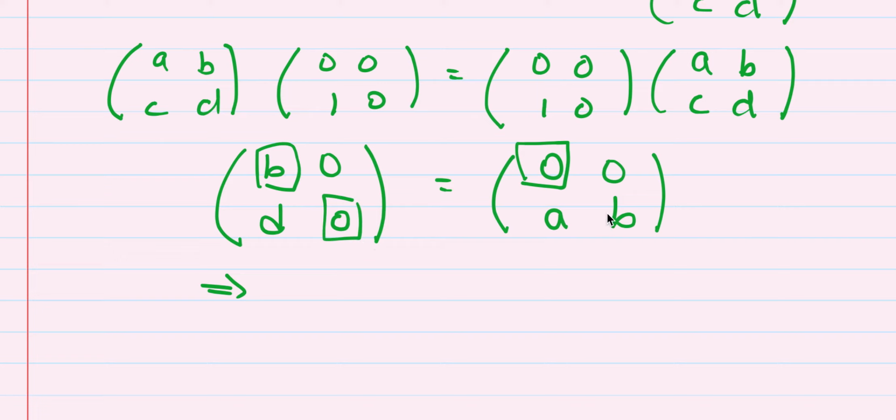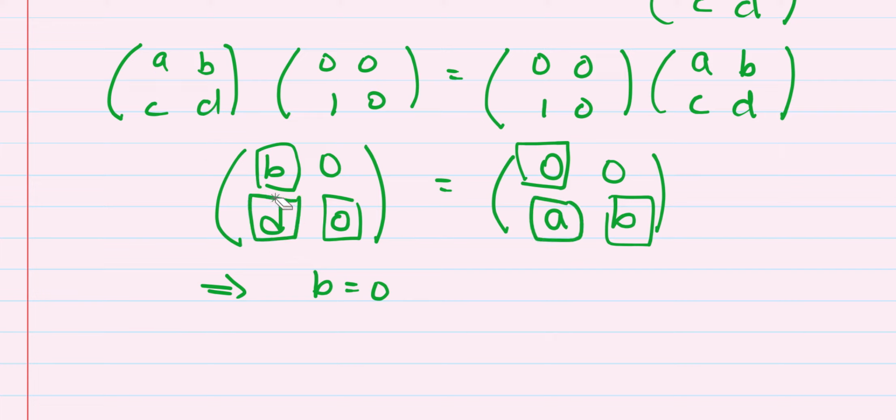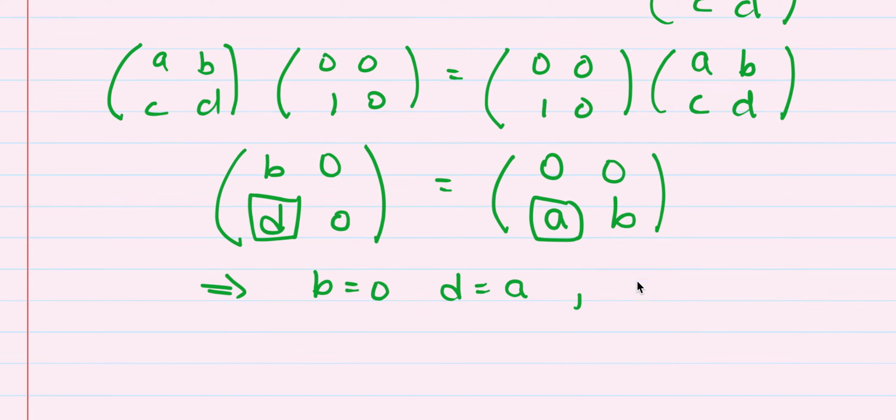Same thing here, B is equal to 0. And then we see that D is equal to A. And there's nothing that involves C, so C is free.